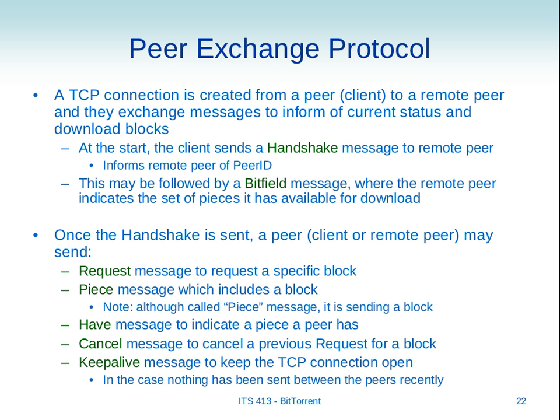A request message sends a request for a specific block. So we exchange blocks with the intent of getting all the blocks in a piece and eventually getting all the pieces in the torrent. Once we've got all pieces, we've downloaded the entire torrent. We're a seed. But we exchange blocks using the peer exchange protocol.